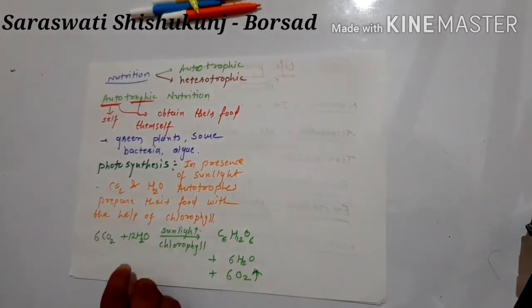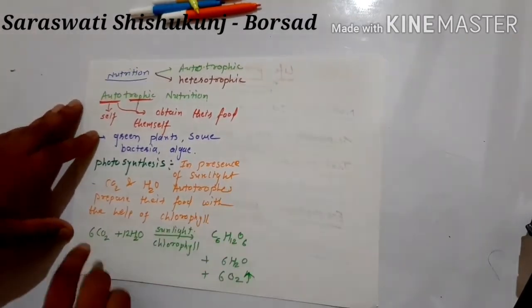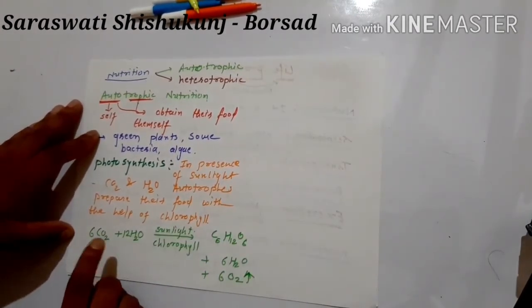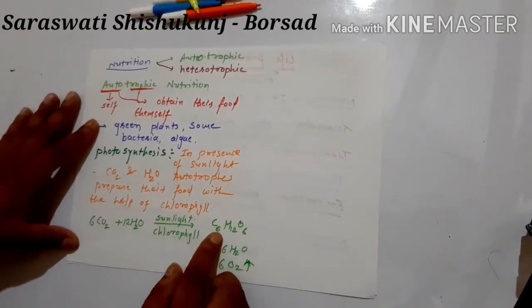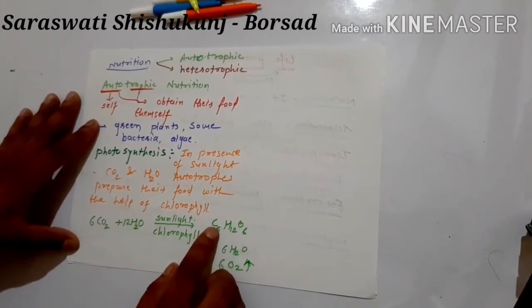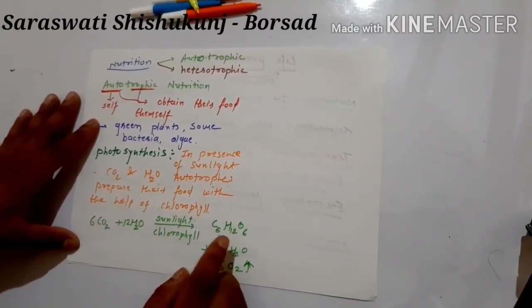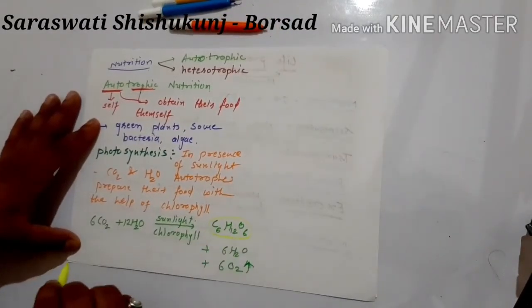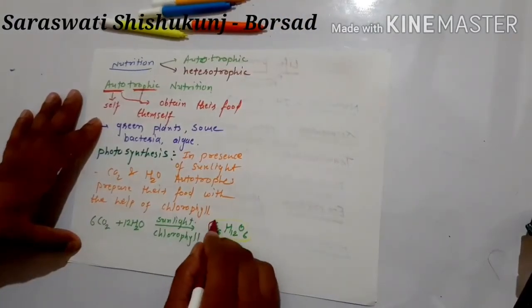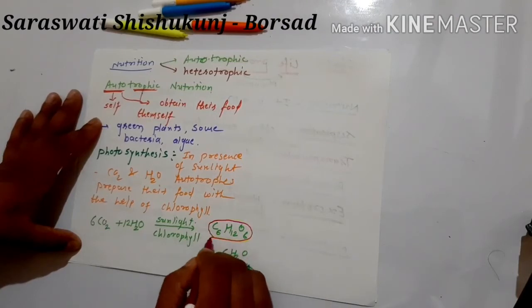Now, in 3 steps, this photosynthesis is going to take place. But before that, let us understand this reaction: carbon dioxide, water in presence of sunlight and chlorophyll gives us C6H12O6, that is glucose. It's one type of carbohydrate which we are using as food.